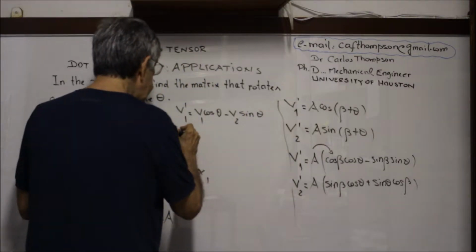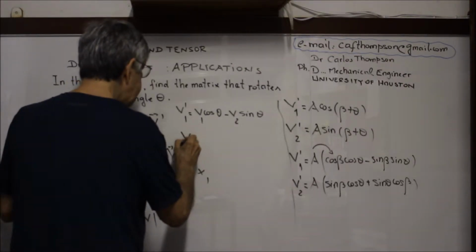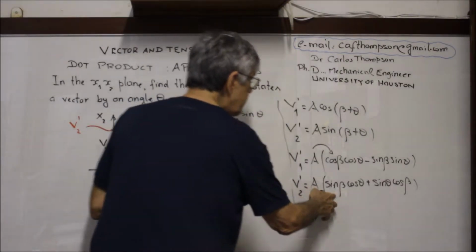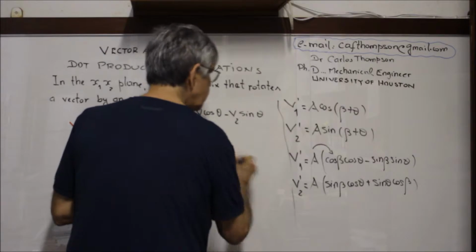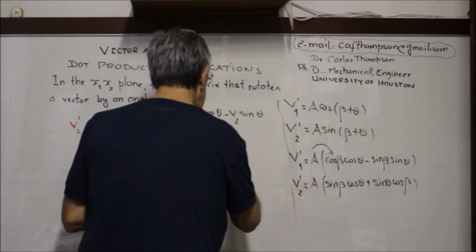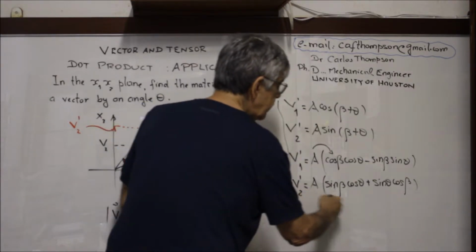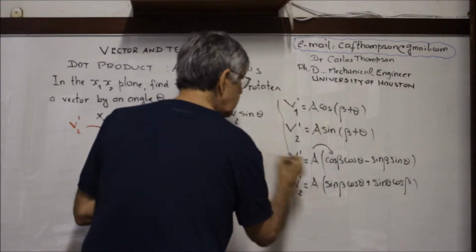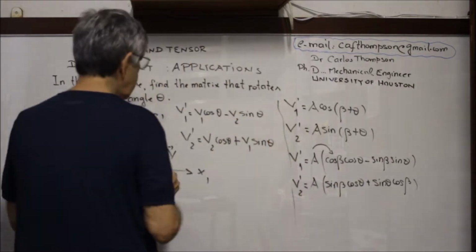Now, v prime 2: A sine beta is just V2. So this will be V2 cosine theta plus A cosine beta, which is V1, times sine of theta.